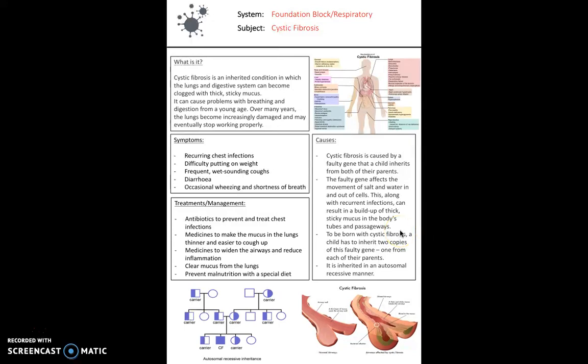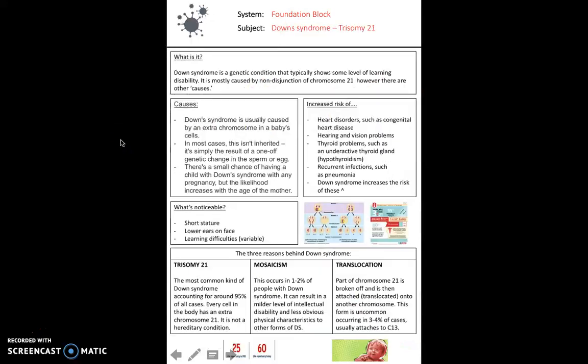And also medicine to widen the airways, so bronchodilators. If you think about this, there's a common link with asthma: buildup of mucus, constriction of the airways. There are really a few similarities there. Also a key treatment is to prevent malnutrition with a special diet if the patient is suffering from digestion problems, as we mentioned earlier as a symptom.